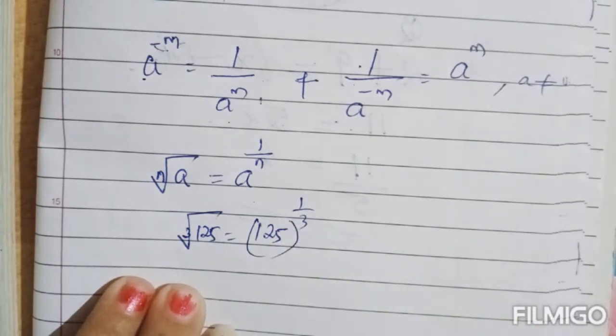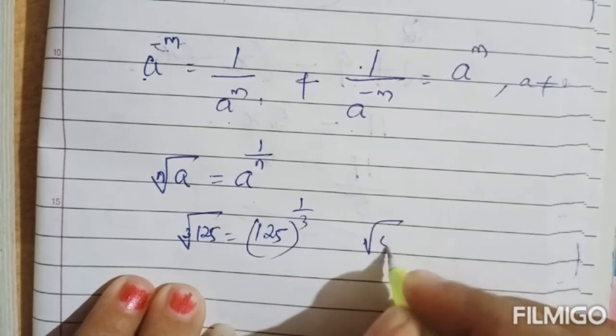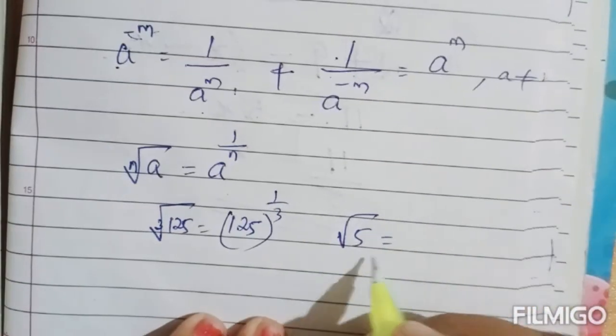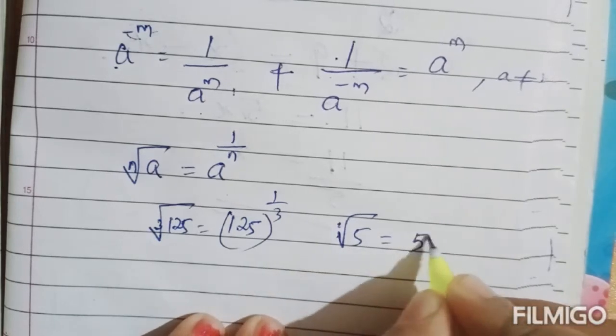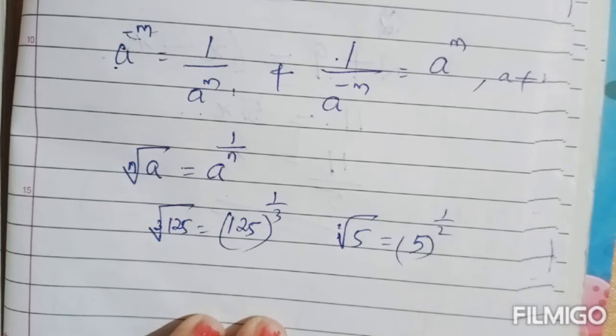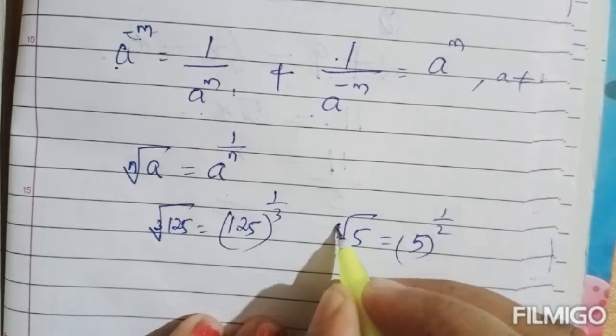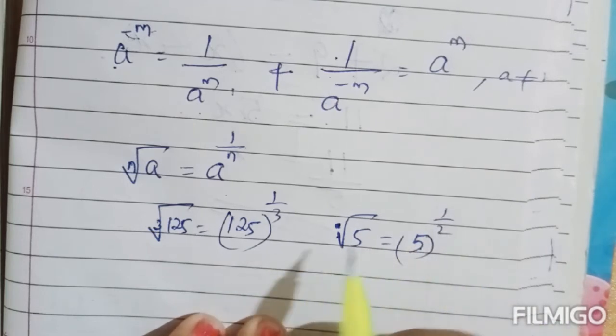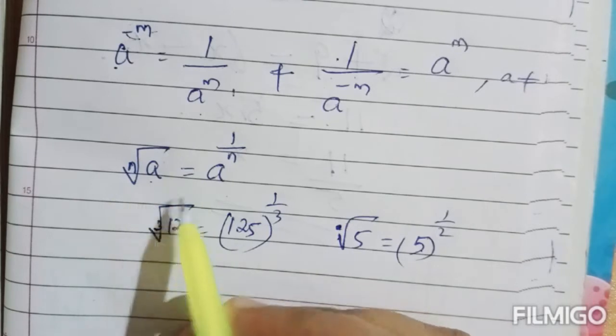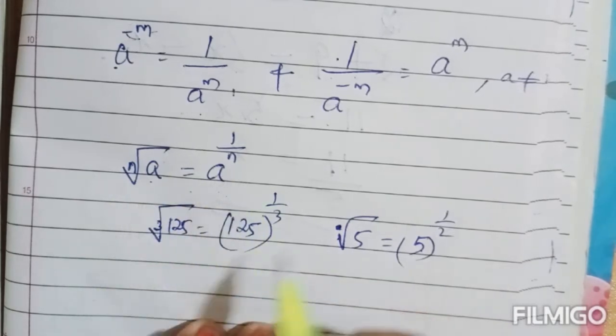Similarly, root 5. Simply root means it is square root. It is 2 here. So how we can write? 5 raised to 1 by 2 it will be. Square root, this 2 will not be given. Square root of 5, you can write it as 5 raised to 1 by 2. So nth root of a, you can write it as a raised to 1 by n.